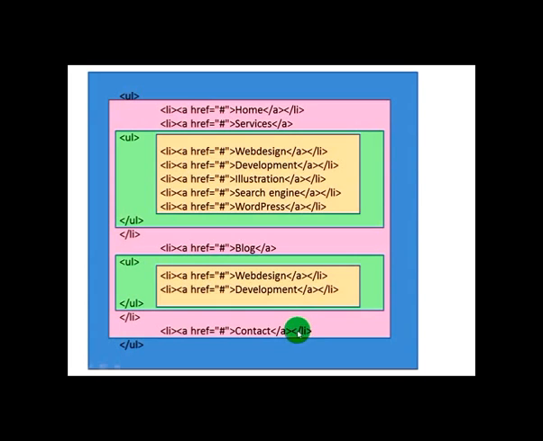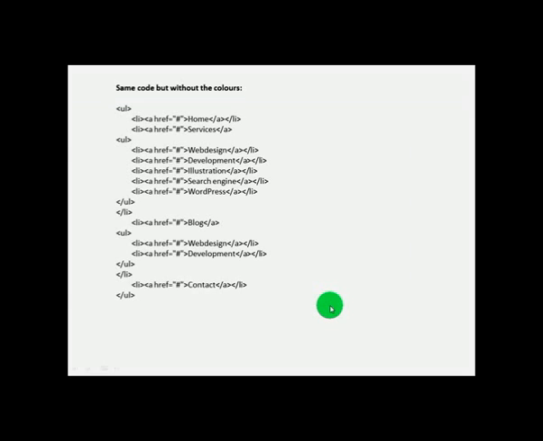And so the closing LIs in these lists are the secret. If you get them wrong, it's not going to work, and so it's really important to keep an eye out for those. Now, what this would look like just on a page without the colors looks like that. Initially that can be a little bit daunting, but once you've started getting the idea of where they fit, it's not so bad.